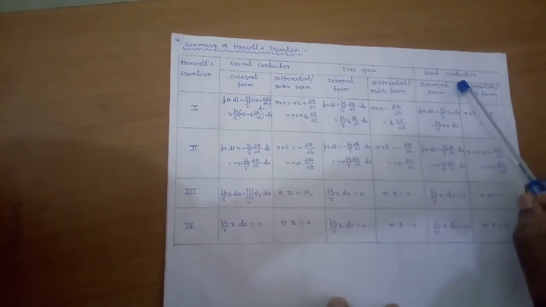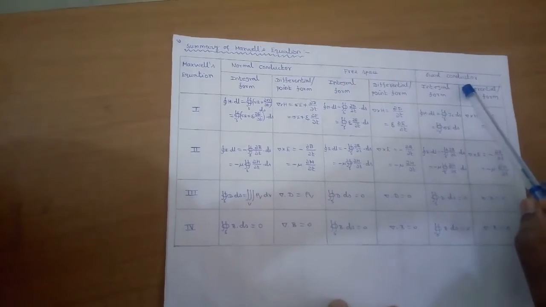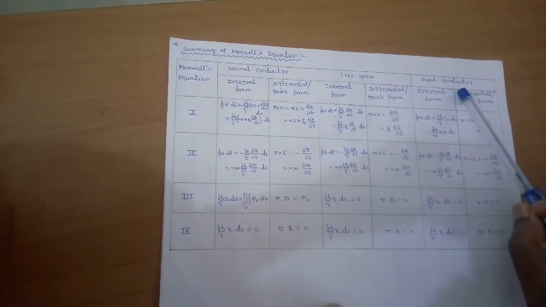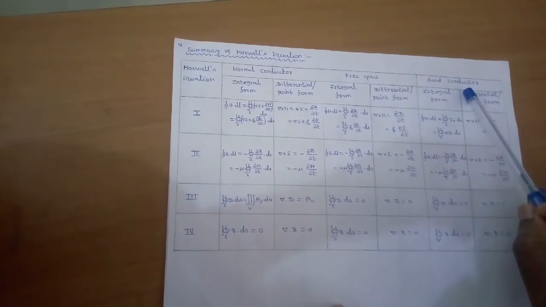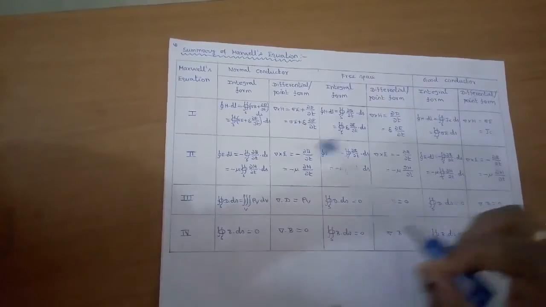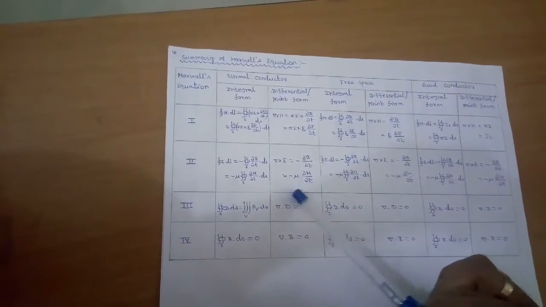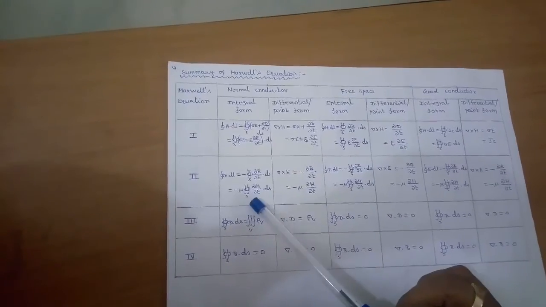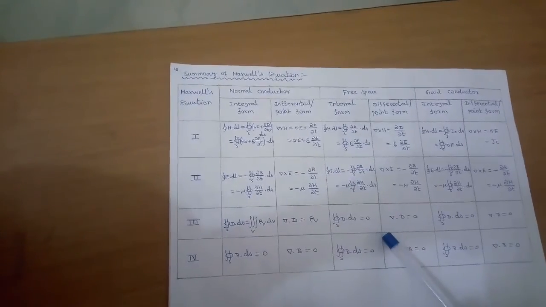For a good conductor, again it is assumed that we have to take JC to be much higher than JD, and ρv should be taken as 0. So if I do these modifications from the normal conductor equations, I'll be getting the equations of free space and good conductor. So this is the final summary of Maxwell's equations.